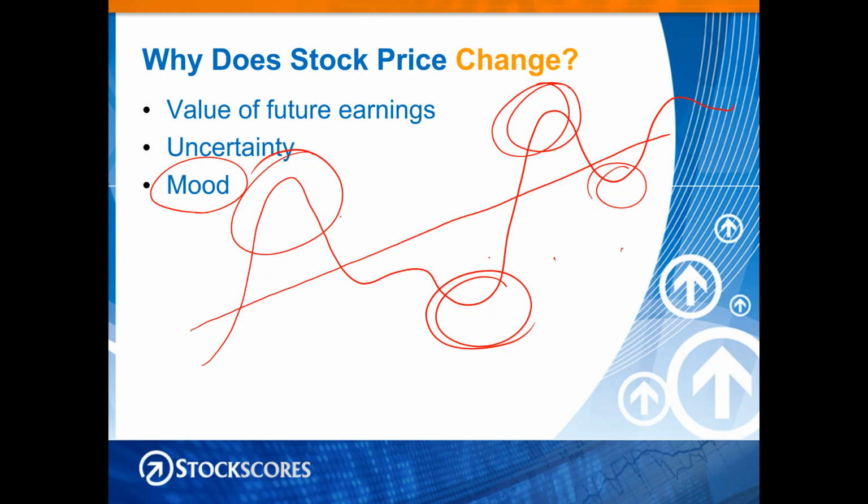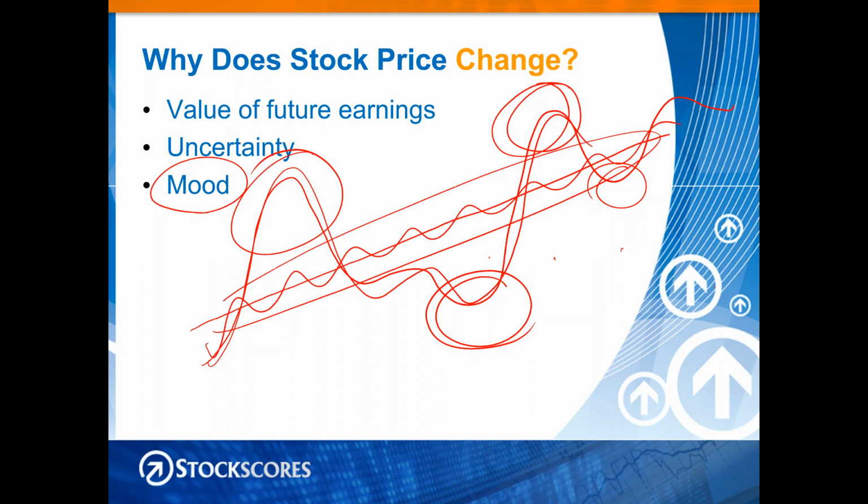So mood coupled with uncertainty is why we have volatility in the stock market. This is the volatility. If you have a stock doing this, it's not very volatile. This is volatility, and this is how we traders make money. So what traders want is a volatile market.